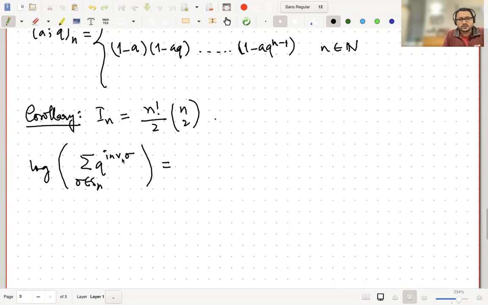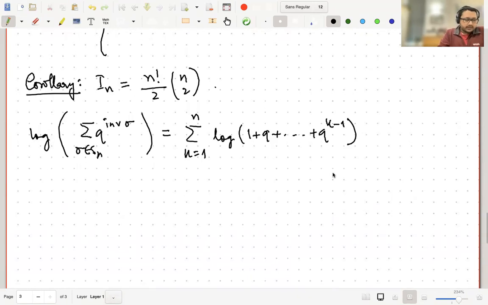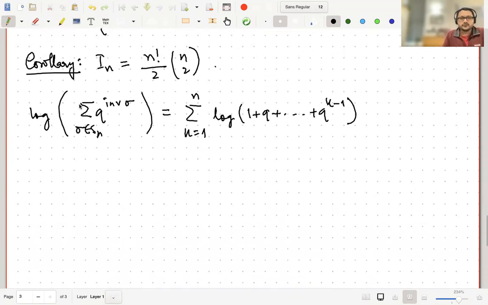This polynomial was a product of different polynomials. If you take the log of a product, it becomes a sum of logs. So this becomes a sum, k from 1 to n, of log of 1 plus q up to q to the power k minus 1. So this is step 1.